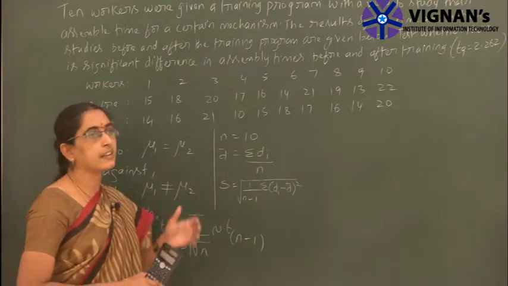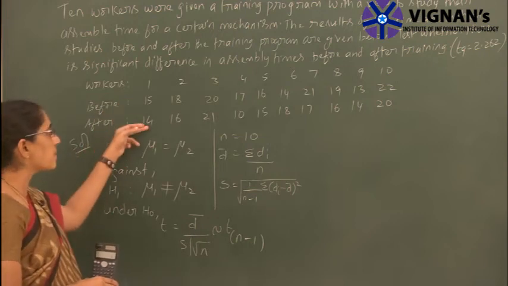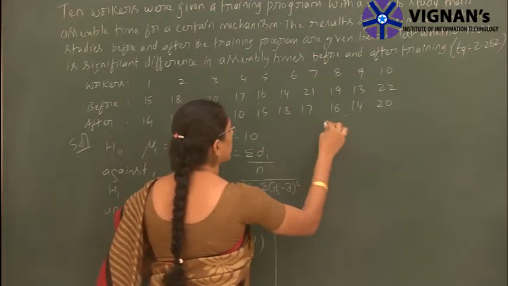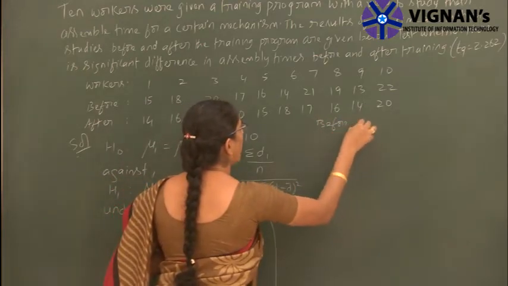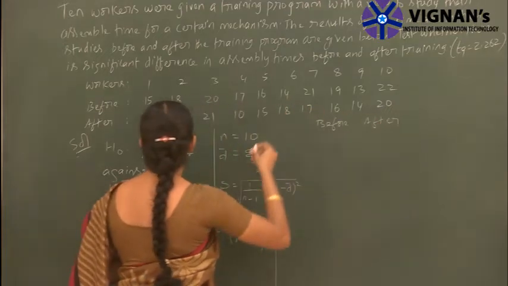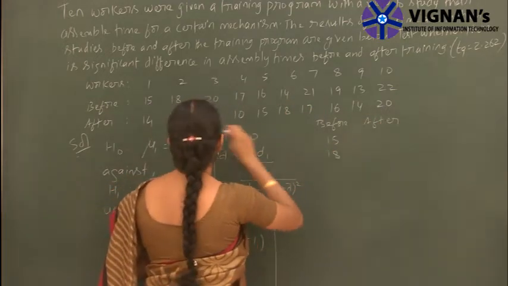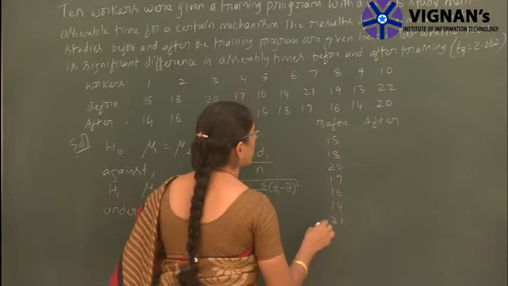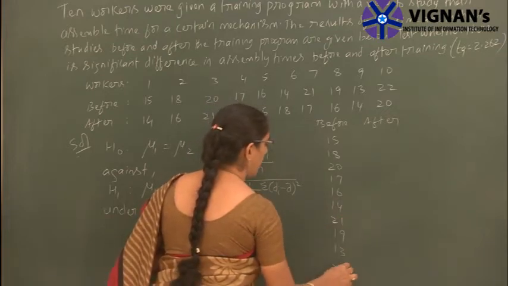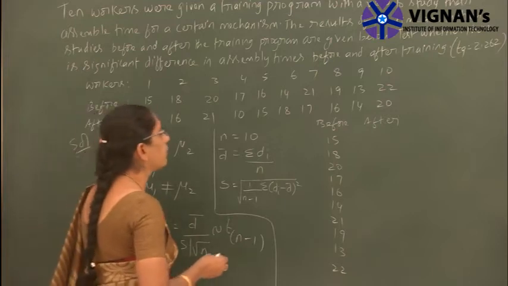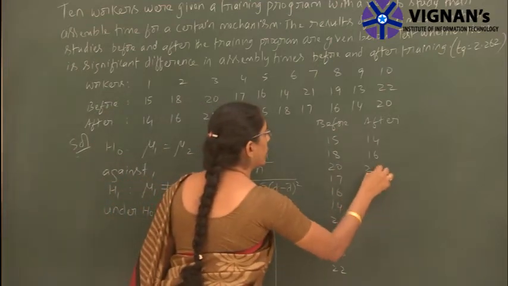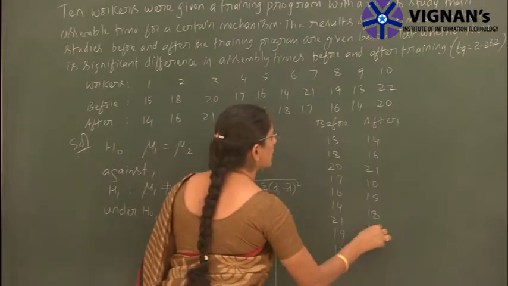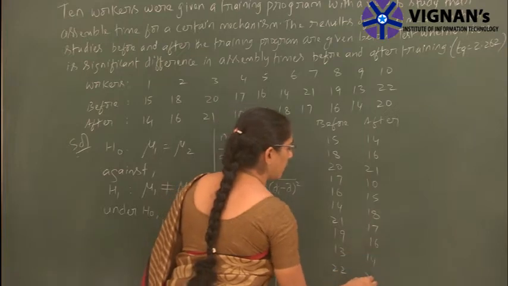Now to find d bar and capital S, first we have to know the difference between these two, before and after. Before is 15, 18, 20, 17, 16, 14, 21, 19, 13 and 22. After is 14, 16, 21, 10, 15, 18, 17, 16, 14 and 20.